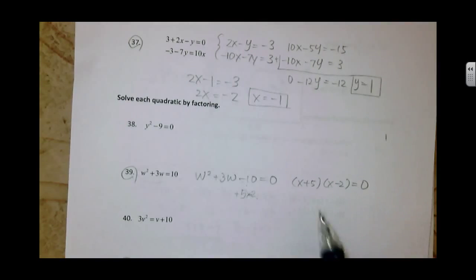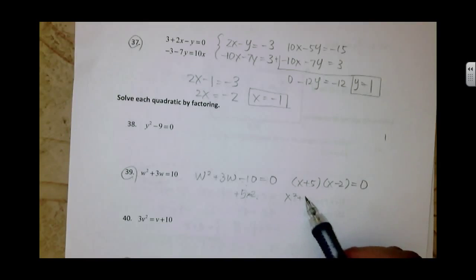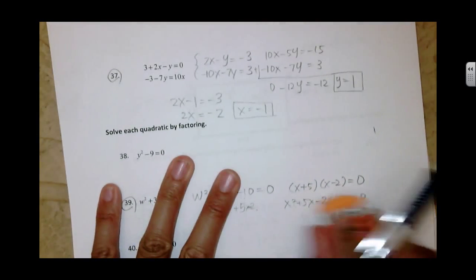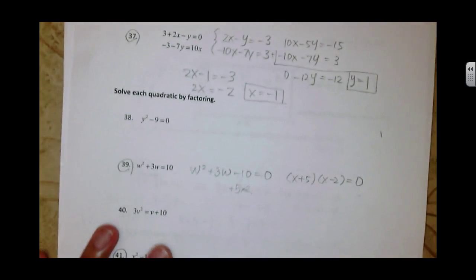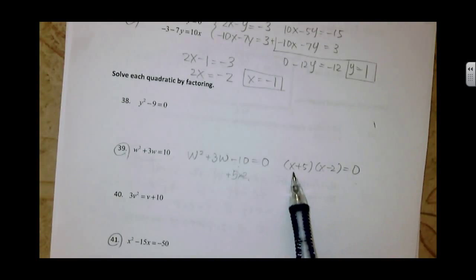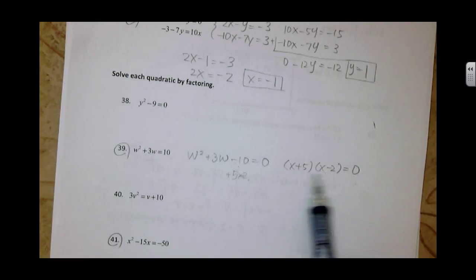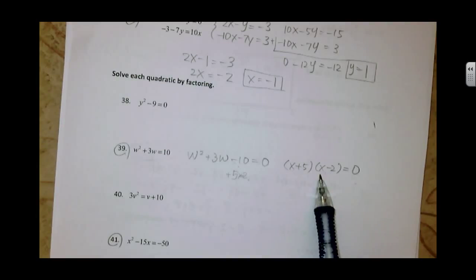So let's check this by FOILing. X squared plus 5x minus 2x minus 10 equals 0, which cleans up to this. So that's correct. We don't need this one, just do this. And how do we solve this for x? Now, if two numbers are multiplying and the other side equals 0, one of these has to be 0, or any x value that would give one of these a 0 would make this equation correct.